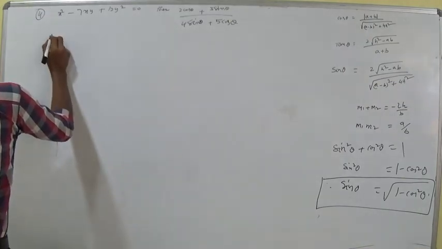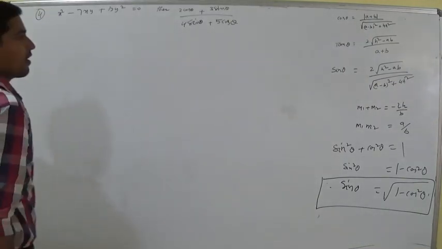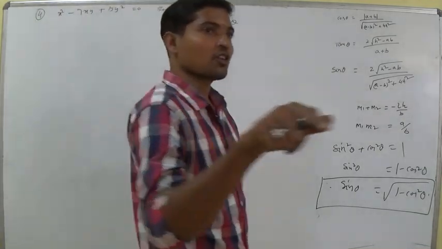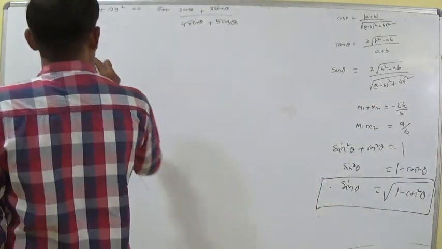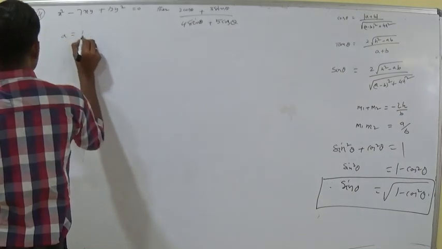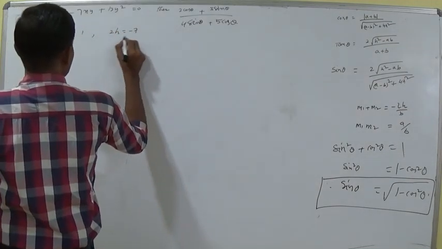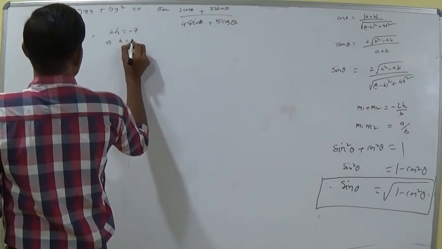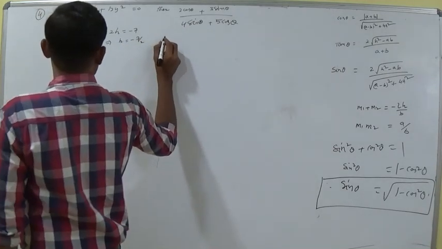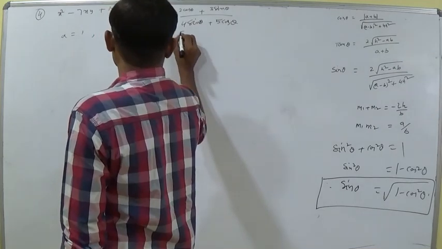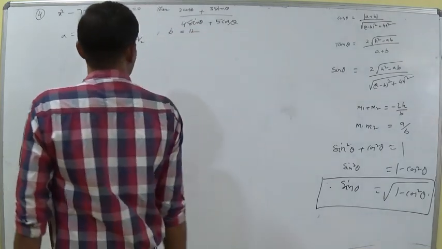Before going to get cos theta, we have to find the values of A, B and H. What is A here? A is equal to 1 and 2H is equal to minus 7, implies H is equal to minus 7 by 2, comma B is equal to 12.